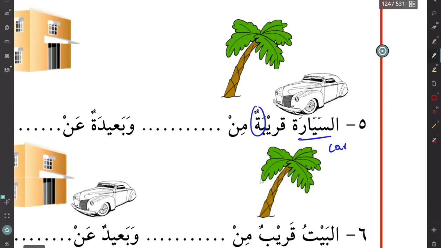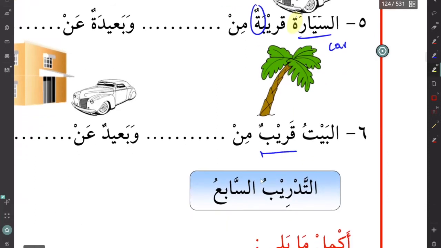So the subject is what? The subject is the car, and the car is a feminine word. As-sayyara has a ta marbuta, right? So the predicate which describes the subject needs to be in the same gender. So here you cannot say as-sayyaratu qaribun. That would be a grammatical mistake. You have to say as-sayyaratu qaribatun. Likewise, you cannot say al-baytu qaribatun here because al-bayt is masculine, there's no ta marbuta.